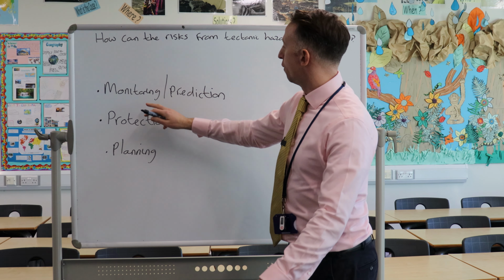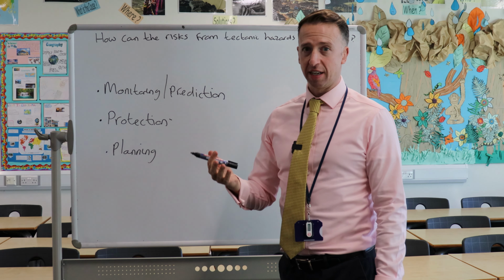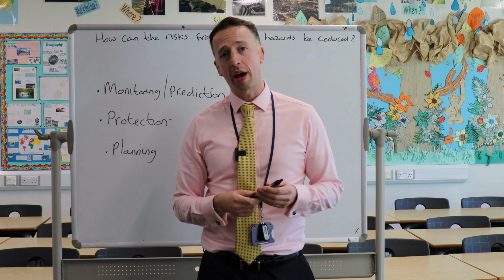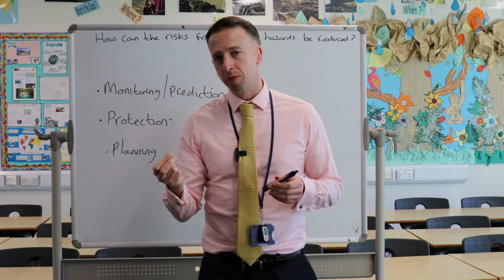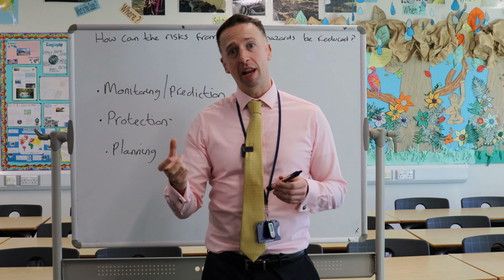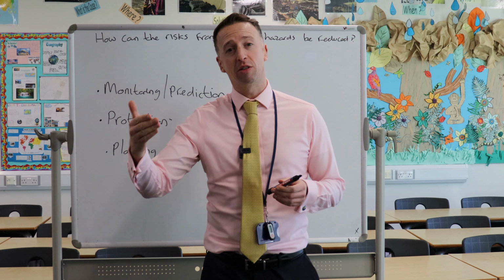So the first one is monitoring and predicting, especially when it comes to volcanic eruptions. This means finding ways to detect signs that would indicate a volcanic eruption is about to happen.